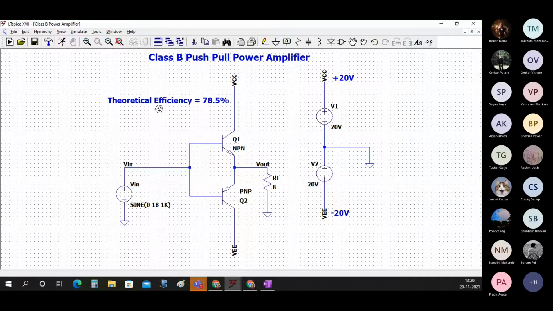So basically the current flows from VCC to RL in the first half cycle, and then it flows from RL to the PNP and then to VEE in the second half cycle. Okay. Rohan, output is okay. Sayan, you also try and do that.